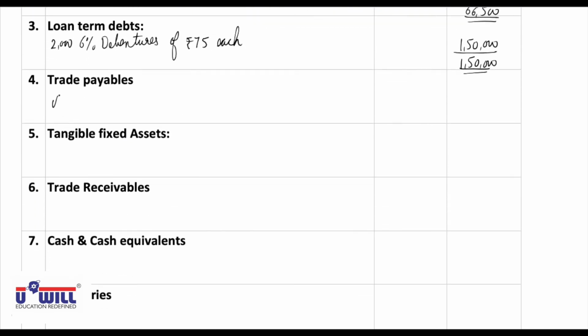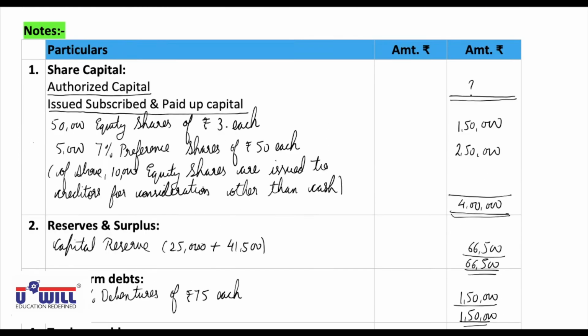All of you write down sundry creditors from 1,55,000; as per the journal entry we have debited only 76,500. So the remaining 78,500 will continue to appear in the balance sheet. Total also 78,500. So the asset side is all done.